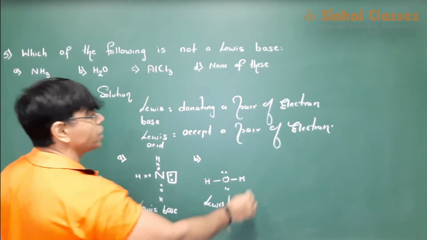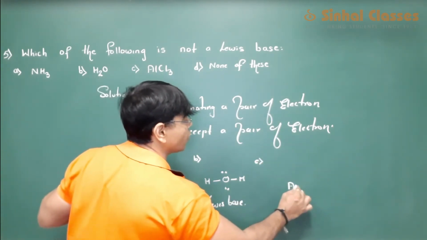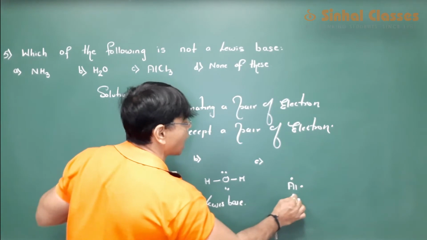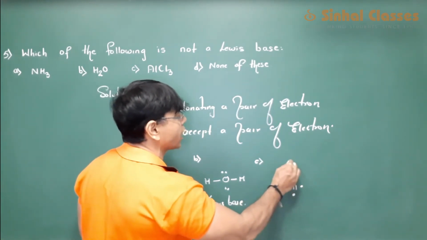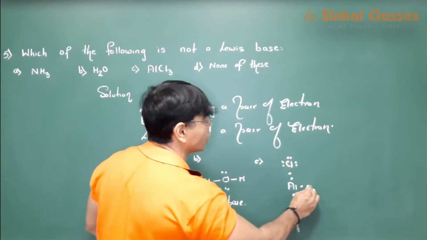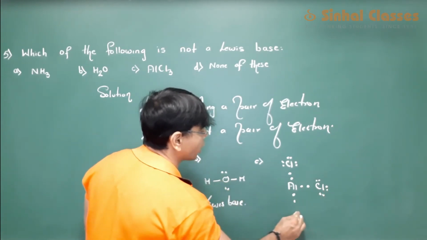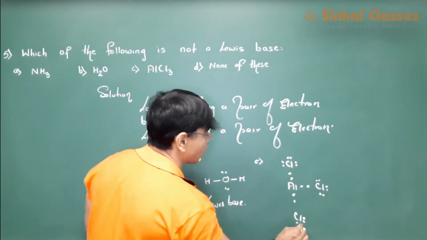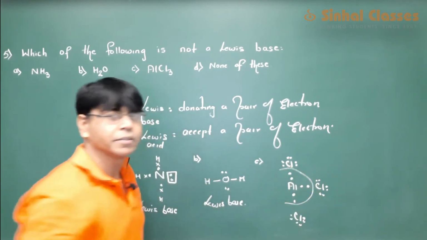What about aluminium chloride? Aluminium has 3 electrons in its outermost shell. 1 electron it is sharing with chlorine, 1 electron it is sharing with chlorine. But total electrons in the outermost shell of aluminium become 6.